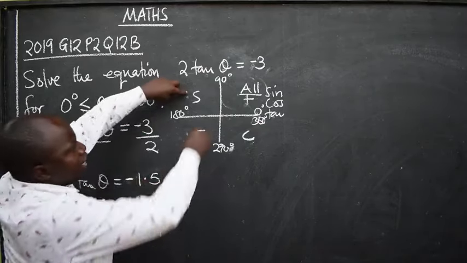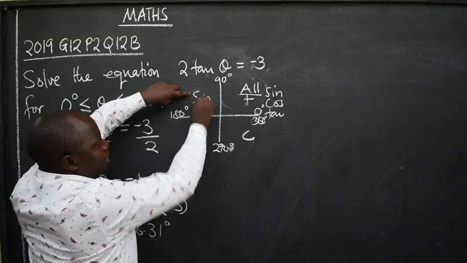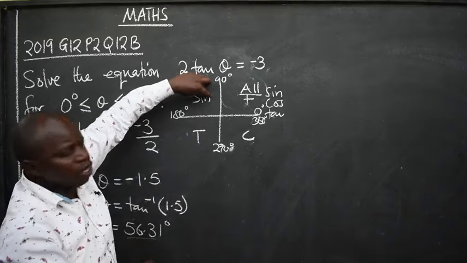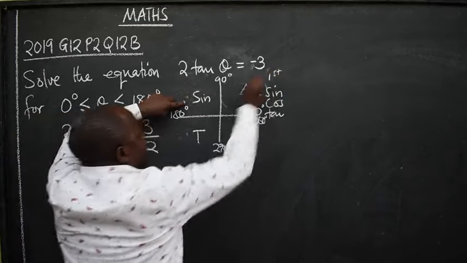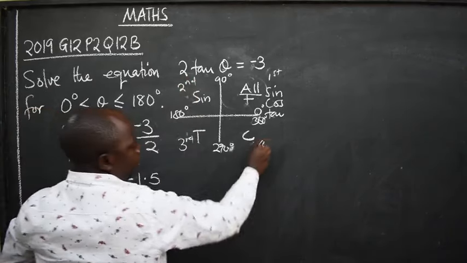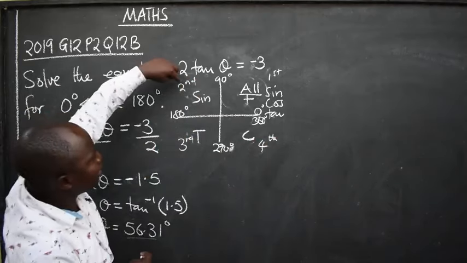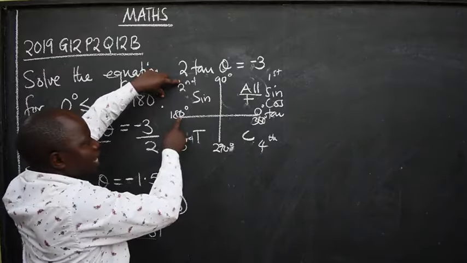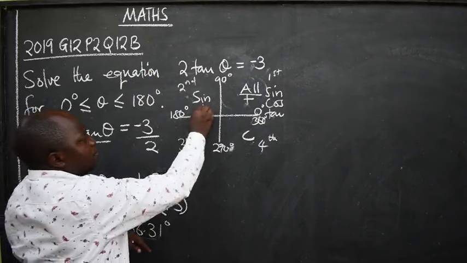In the second quadrant here, the S means sine. It means only sine is positive in the second quadrant. This is the first quadrant, second quadrant, third quadrant, fourth quadrant. It goes like that. So in the second quadrant, between 90 and 180, only sine will give you a positive value.